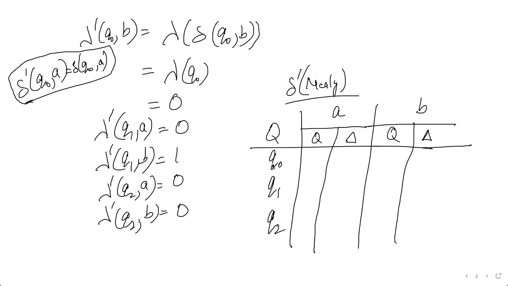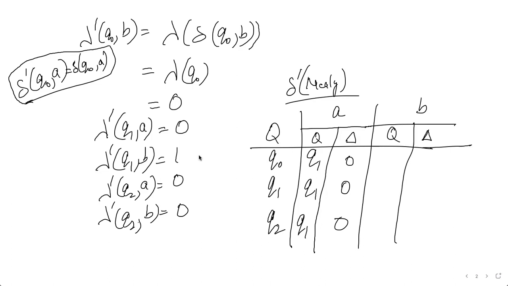So Q naught on A is Q1, Q1 on A is Q1, and Q2 on A is also Q1. The outputs become 0, 0, 0. Essentially, you just have to look at Q1. Q1 is always associated with 0. That's why it is always Q1, 0.